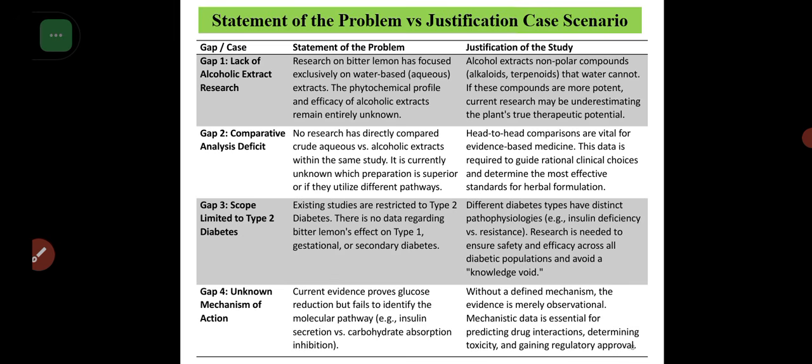You have only noticed that bitter lemon reduces glucose level, but you don't understand the science on how that happens. So it's more like knowing that something happens, but you lack an explanation on how it happens.